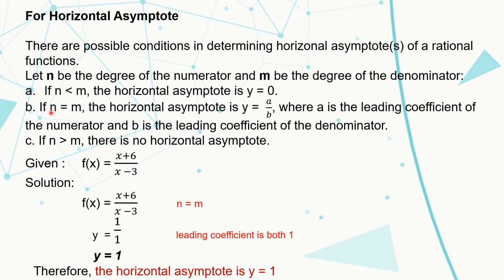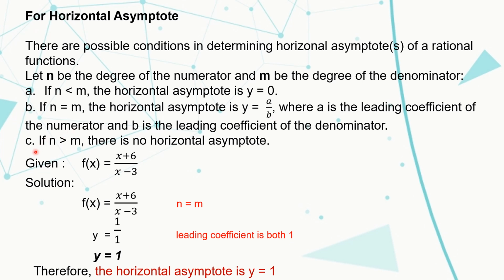Meaning, kapag yung degree ng ating numerator ay pareho lamang sa degree ng ating denominator, ang ating horizontal asymptote ay kopyahin ang leading coefficient ng numerator over the leading coefficient ng ating denominator.